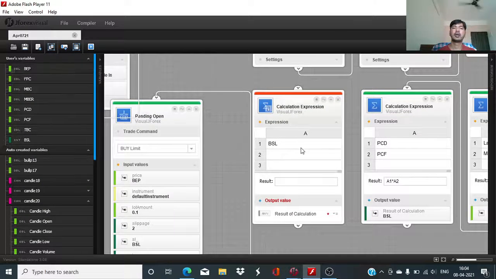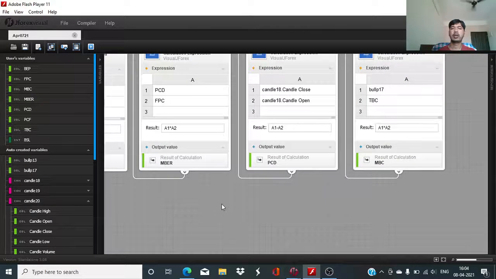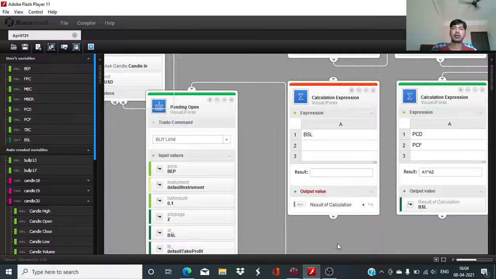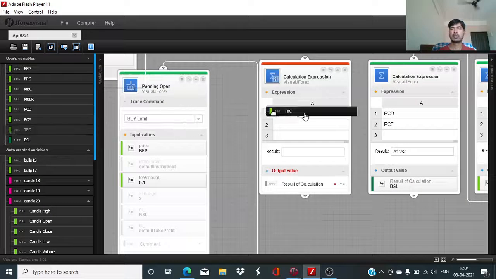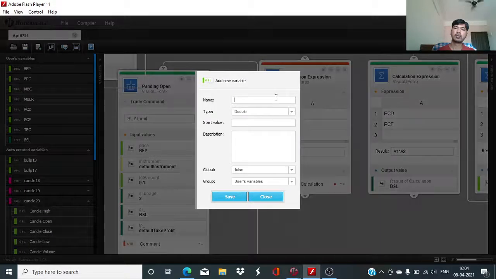We get to use that same variable here, TBC. This is going to be A1 into A2, and this will be buy take profit.